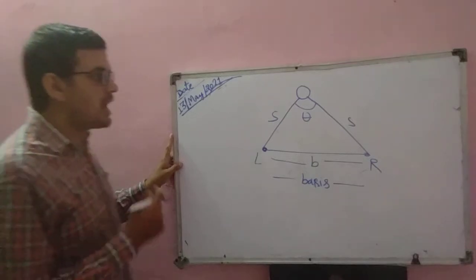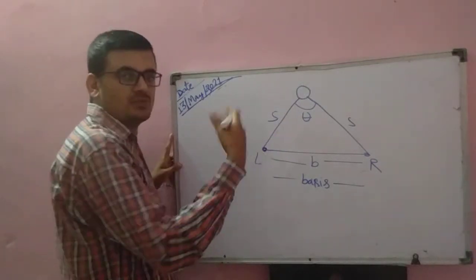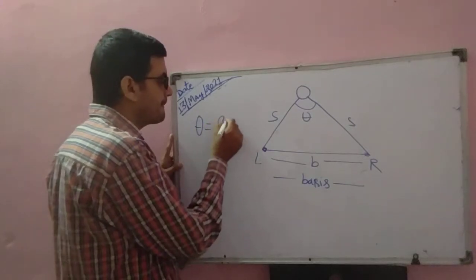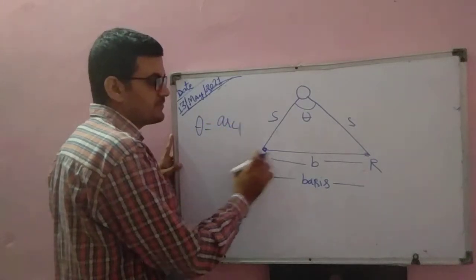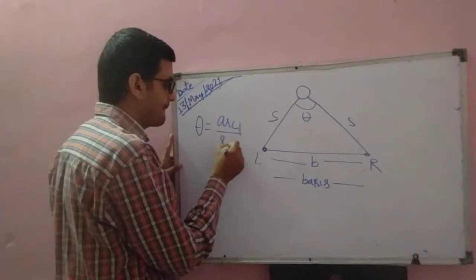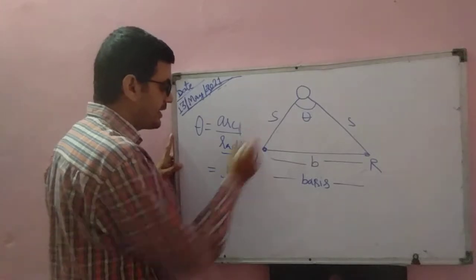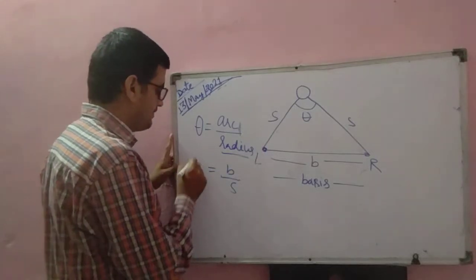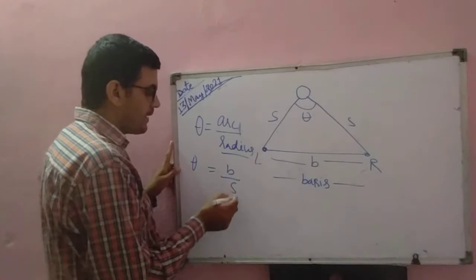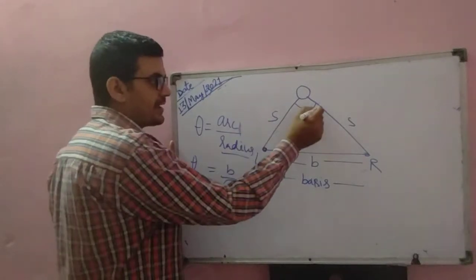Okay, so now how will we calculate this distance? It's very simple. I have told you angle equals arc upon radius. Arc means this distance B, radius is S, so theta equals B over S. Okay student, so we can calculate this distance if we know this angle.